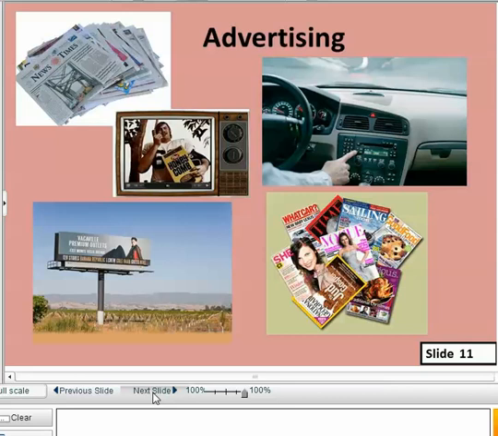Signs and billboards have a place, but if the billboard is up in front of a highway where people are coming by at 70, 75, or 80 miles an hour, the information on that billboard has to be such that a person can glance at it and take away the main idea: who it is, what they're offering, and how they can get to it. They don't have time to read a long thing.